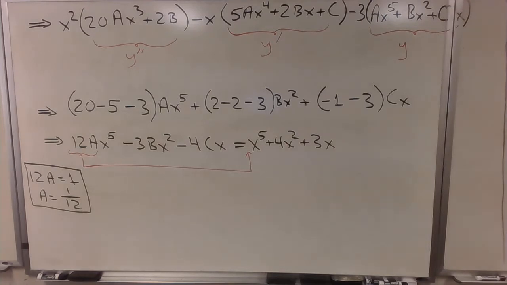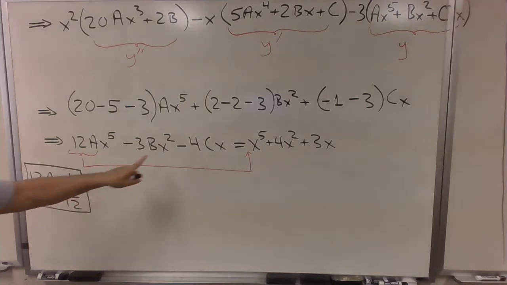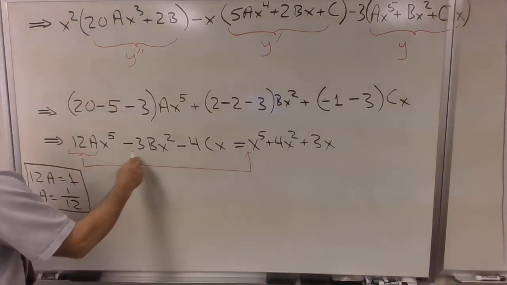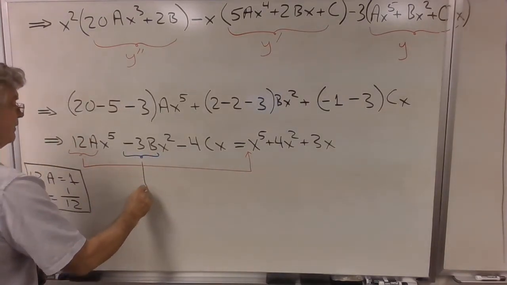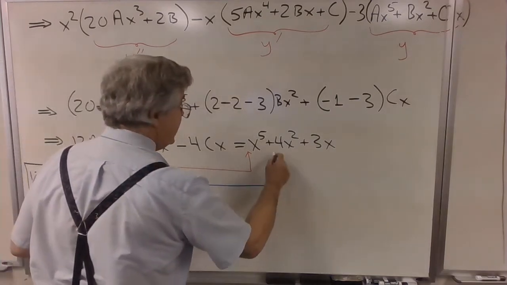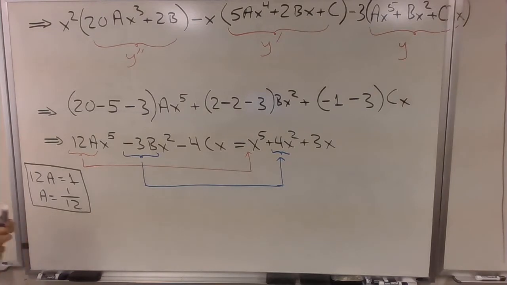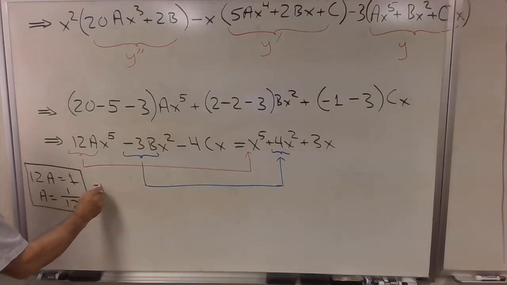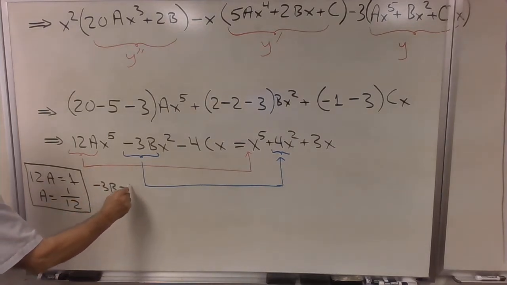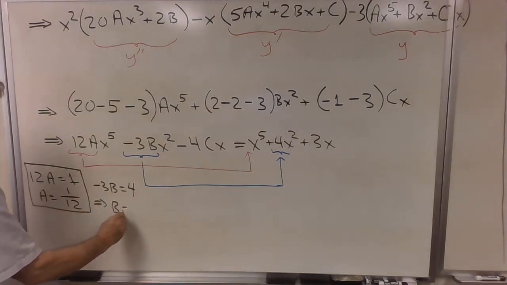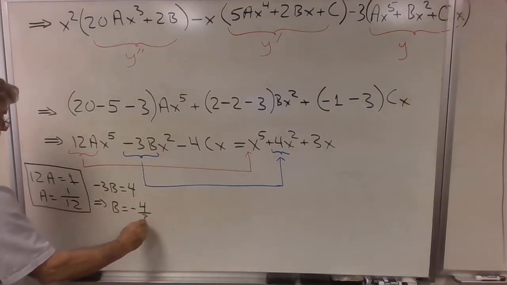Now, what else can we equate here? Terms of second degree. The coefficient of x squared on the left has to be exactly the same as the coefficient of x squared on the right. So that means negative 3b is equal to 4, or b equals negative 4/3.